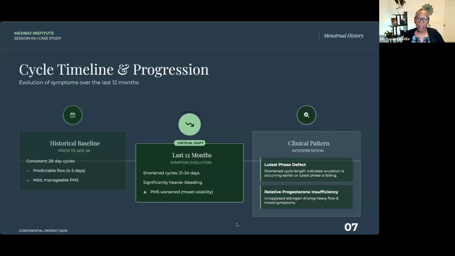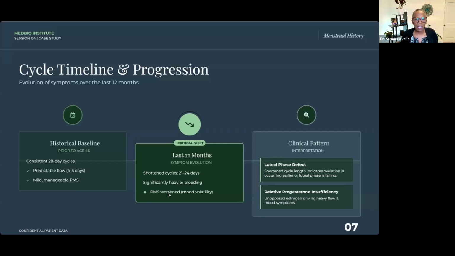And if you remember from our first few sessions, what might that heavier bleeding be pointing us to? What we might be thinking about if we're hearing about heavier bleeding? That often is related to estrogen, okay, which during perimenopause can be up and down.